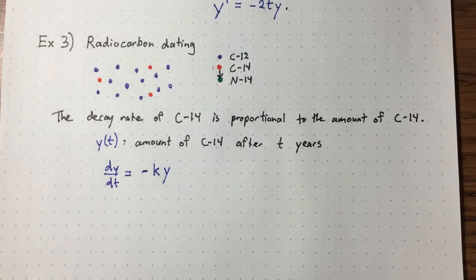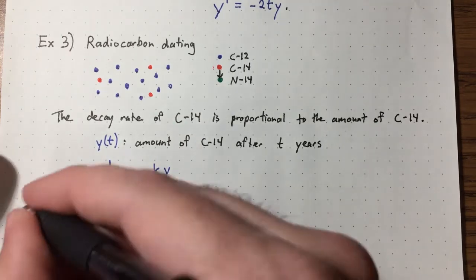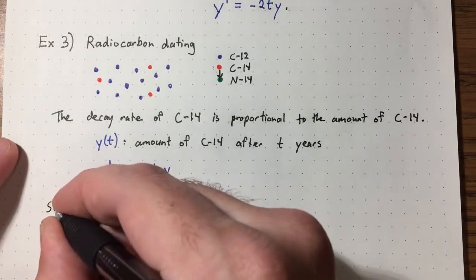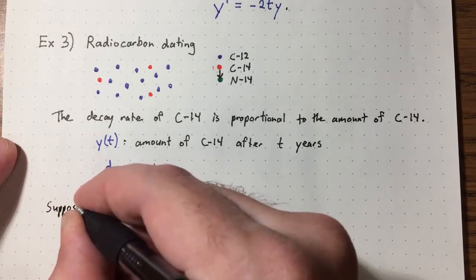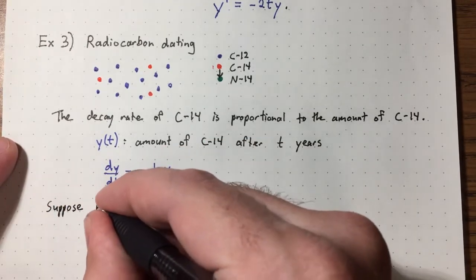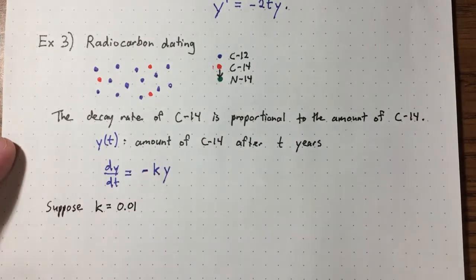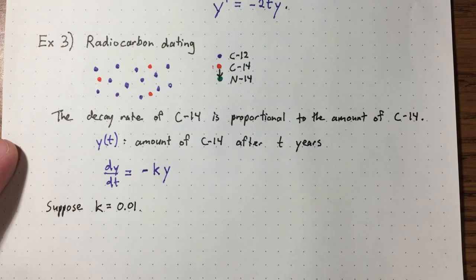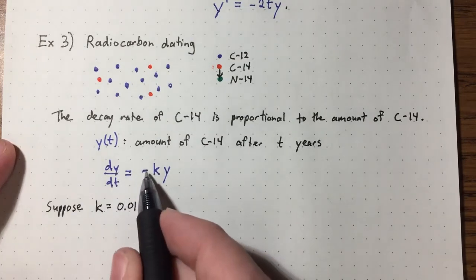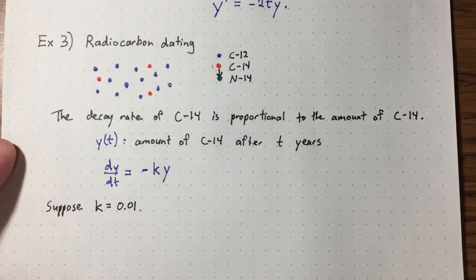So I'll just bring up one more point in the context of this problem. Suppose we fix a value of k. I just want to reason about this differential equation. So suppose k equals, let's say, 0.01. What does this mean? What does it mean for dy dt to equal negative 0.01 times y?